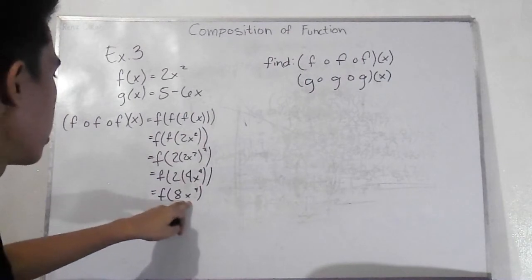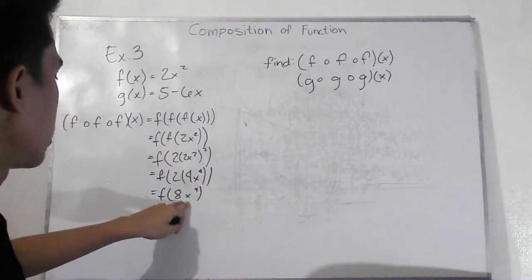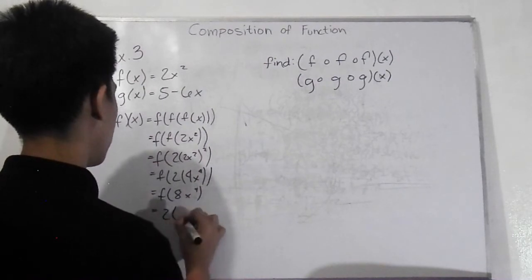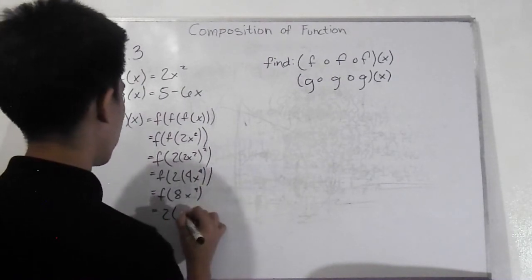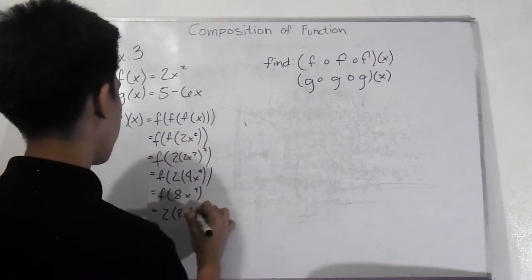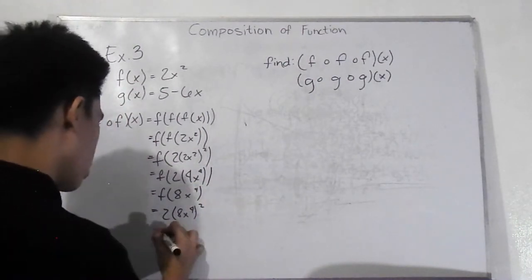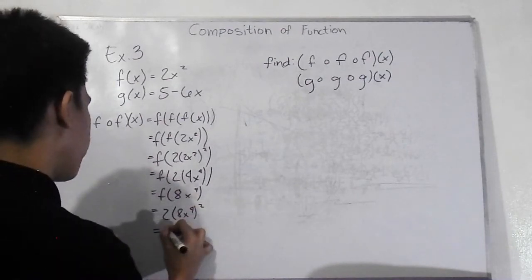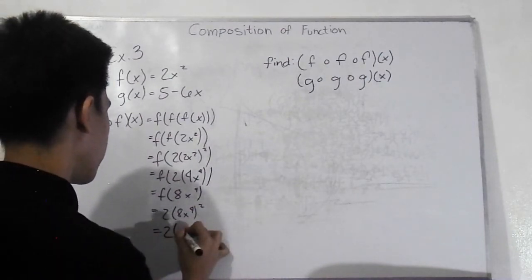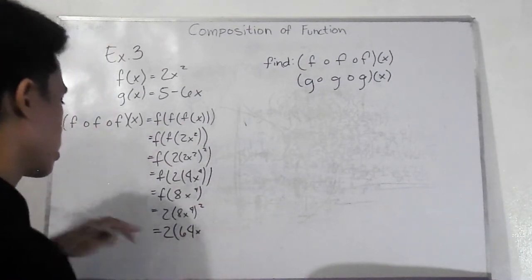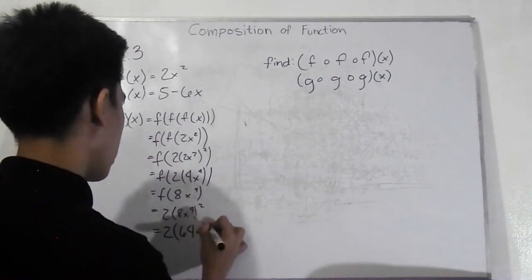Same procedure. Substitute this input. So we have 2 times 8x to the power of 4 squared. So simplify. 2 times 64x to the power of 16.